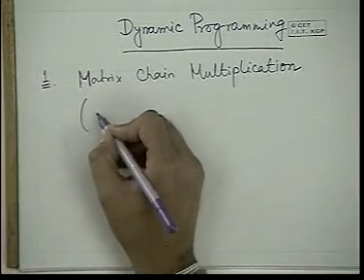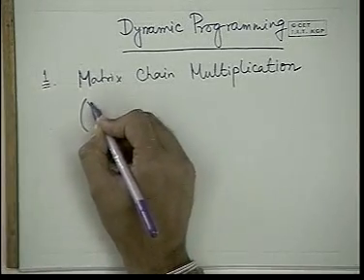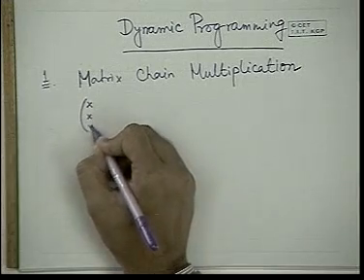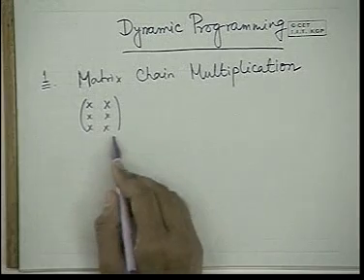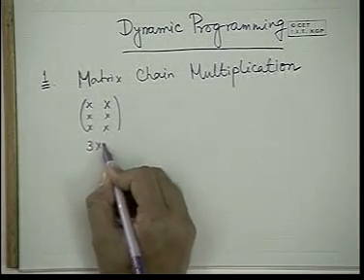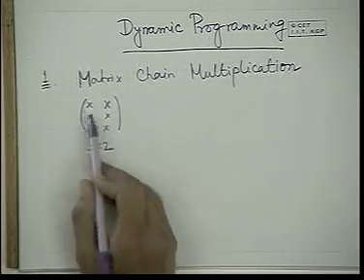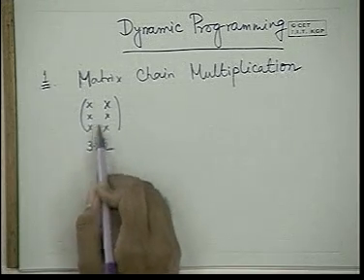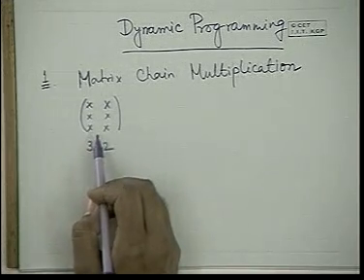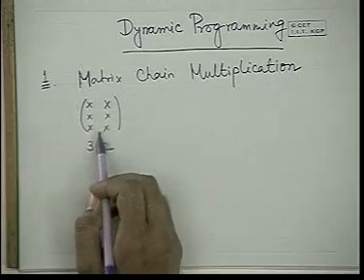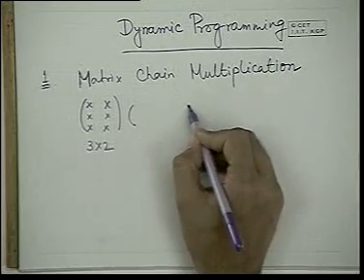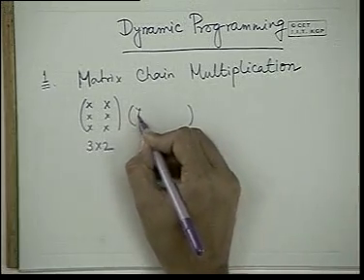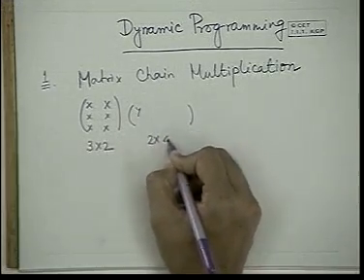So we have a 3 by 2 matrix. I am just writing it down without any values in the matrix, because particularly the values are not important to me. I just want to tell you the technique. That's why I am just replacing them with x, some cross. This 3 by 2 is multiplied by a 2 by 4 matrix.